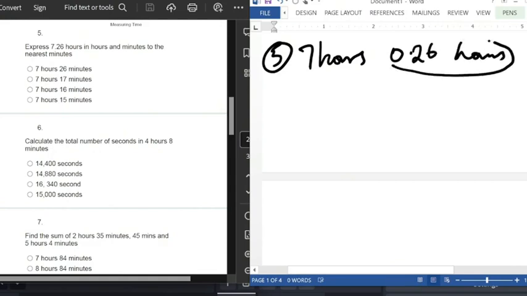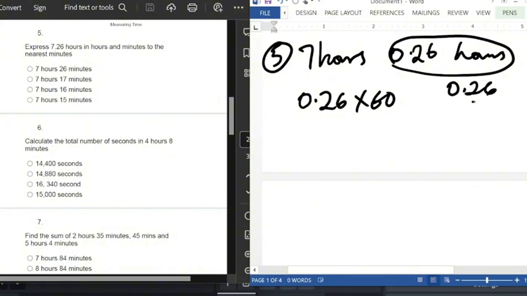So we're now going to change this to minutes. How are we going to do that? Since we know that 60 minutes make 1 hour, we will multiply by 60. That will be 0.26 multiplied by 60. So in that case, we're going to have 0.26 times 60.